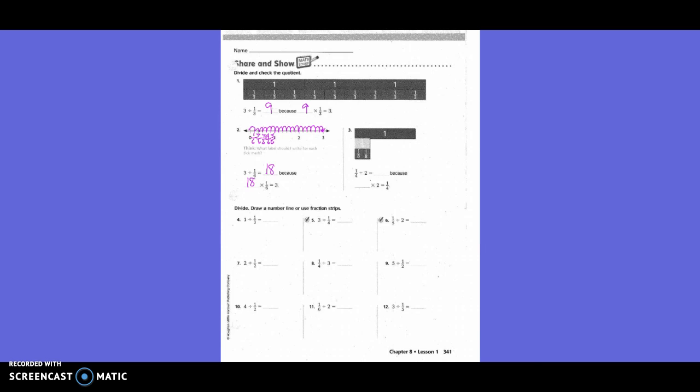Okay, but is that how they set it up? No. This time, did they put their whole number first? Nope. They put their fraction first, then they divided by their whole number. Okay? So, basically, they flipped it on us, right?